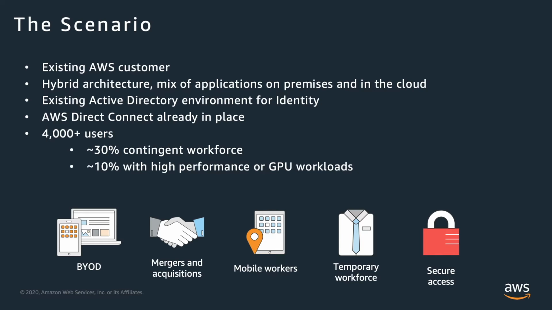We will assume that the existing Active Directory is used as the identity provider. We'll also assume that there is an AWS Direct Connect already in place, and we will build the solution for 4,000 plus users. We'll assume that 30% of the workforce is contingent, that is, coming from mergers and acquisitions, freelancers, contract workers, etc., while 10% of the workforce requires high performance or GPU workloads.